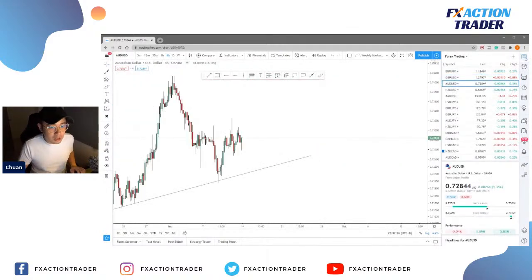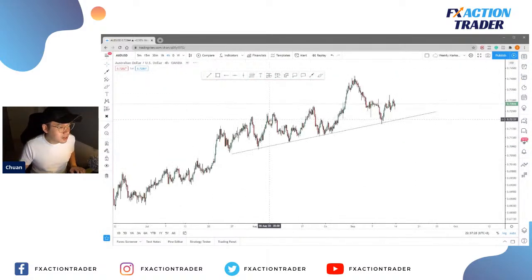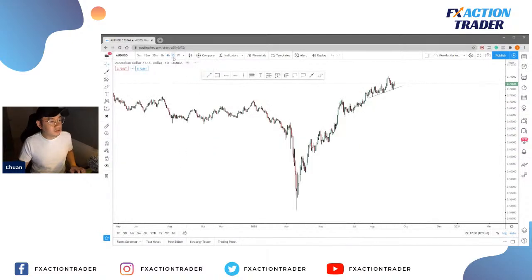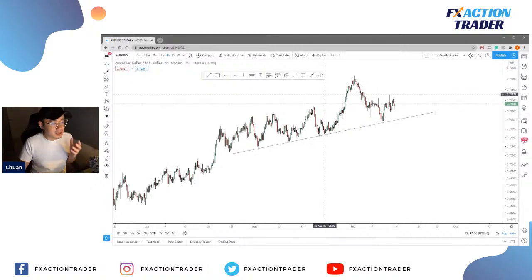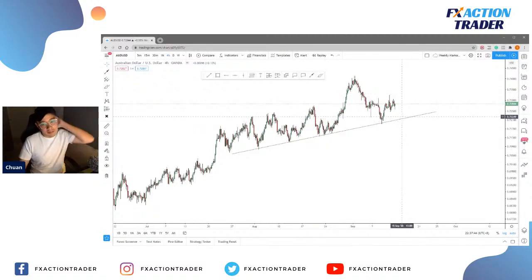So for Aussie dollar, if you look at this H4 and daily chart, what I can see is that the market is still making higher highs. I did not see any significant low that can be used as a sell signal.